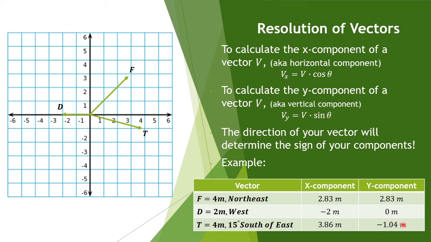So why is it negative, sir? Because look at this, it's downwards. It's in this quadrant right here. If you look at the y, it's negative there. So your y should be negative. Okay, I hope that's clear.